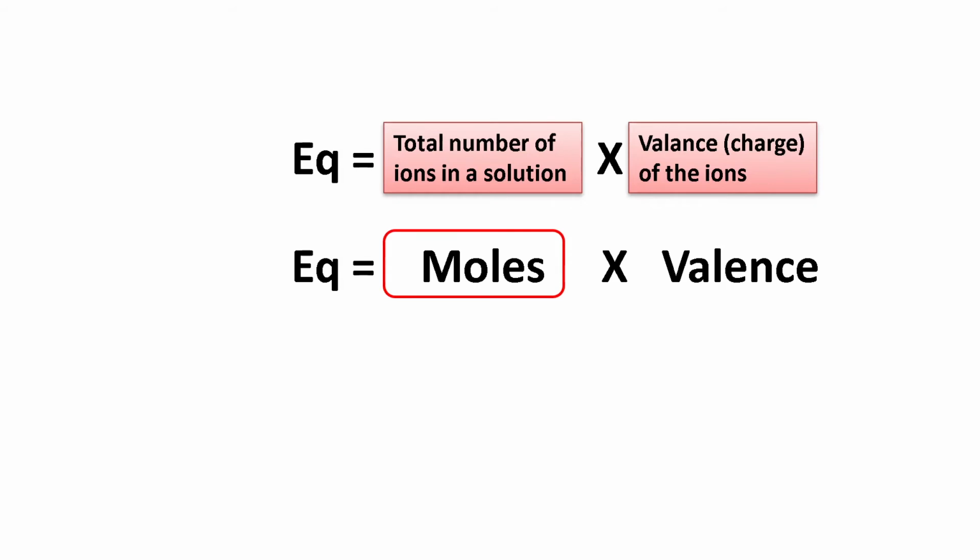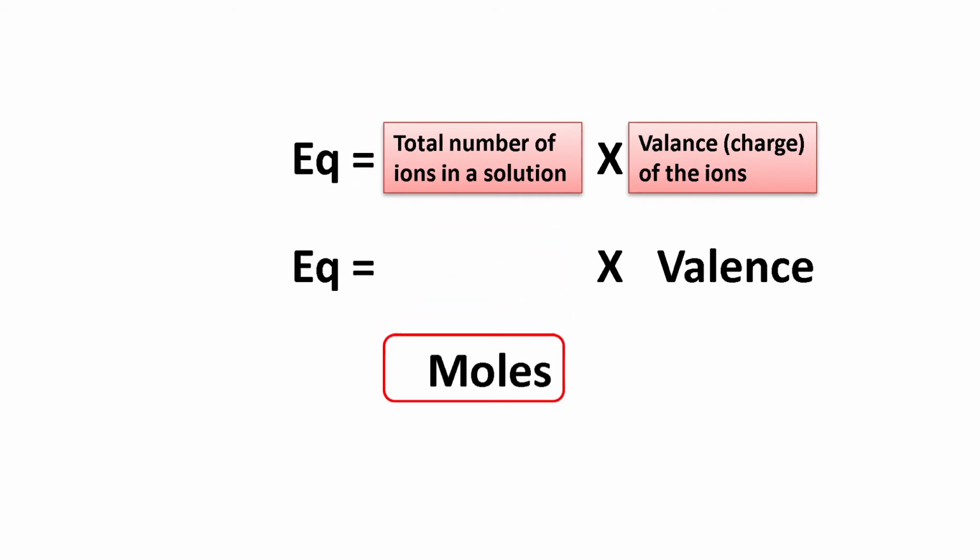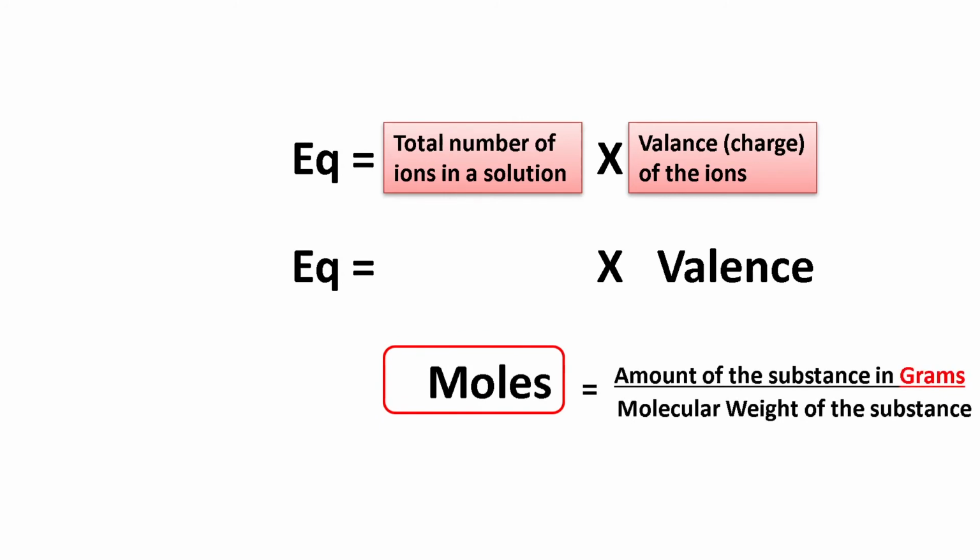Moles speak of the number of ions in a solution. So, if we multiply the amount of moles with the valency of the ion, we get the equivalence. We already know that mole is represented by the equation amount of the substance in grams divided by the molecular weight of the substance in grams.